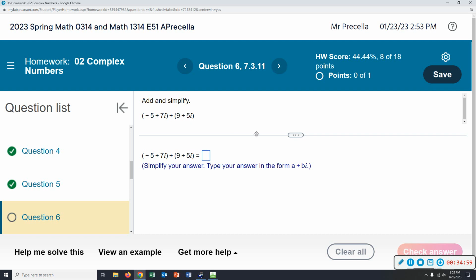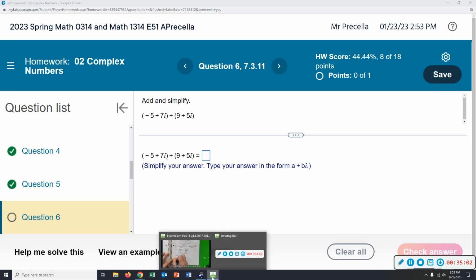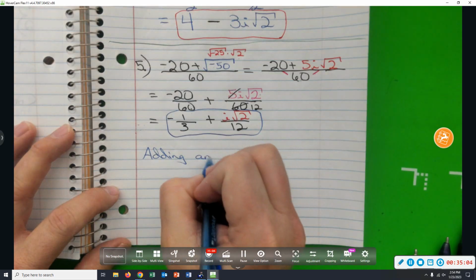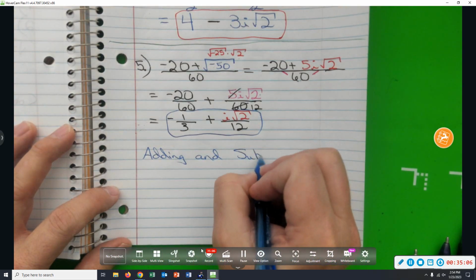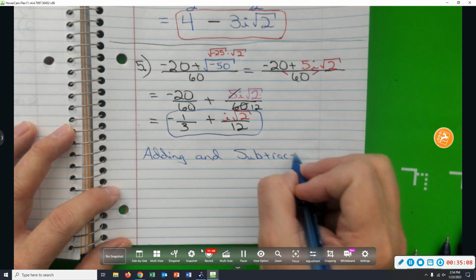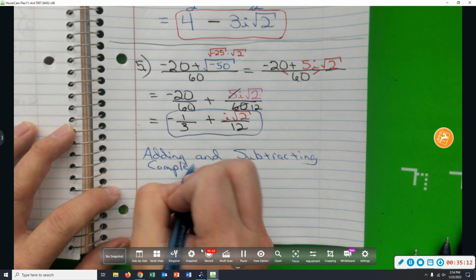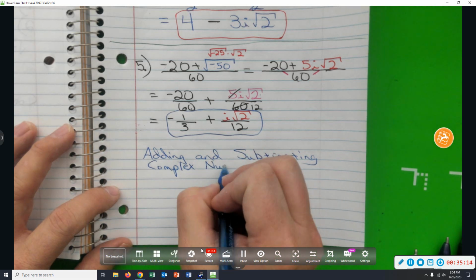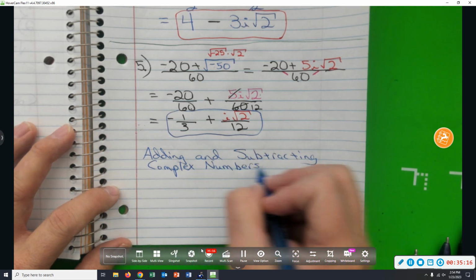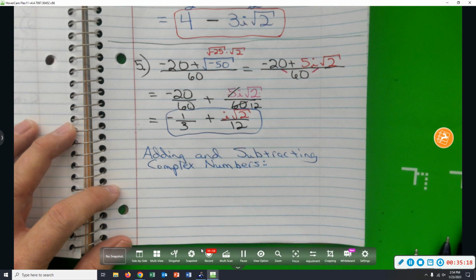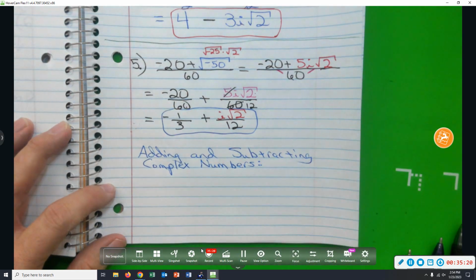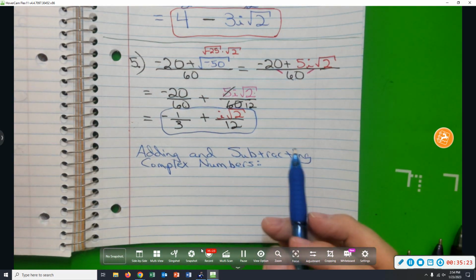I need to write something down first. Adding and subtracting complex numbers. Remember I said the algebra involving those i's is very similar to the algebra involving just variables.